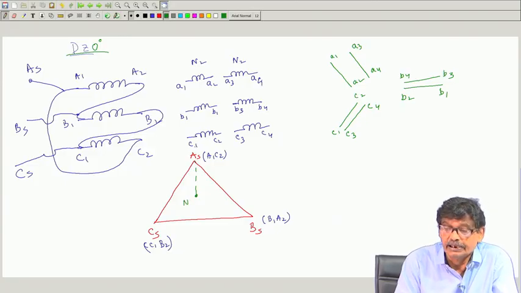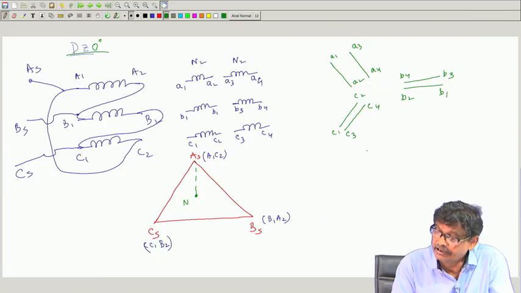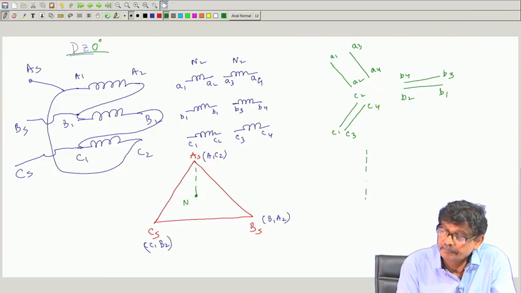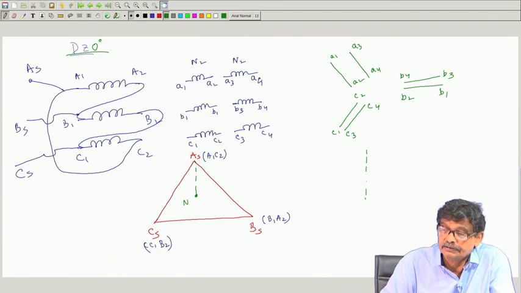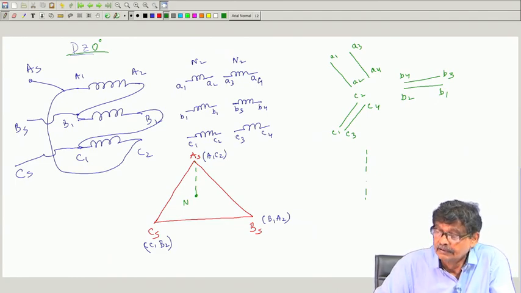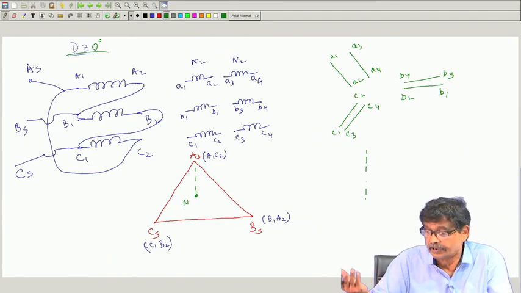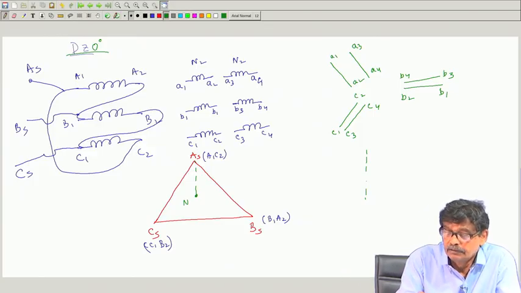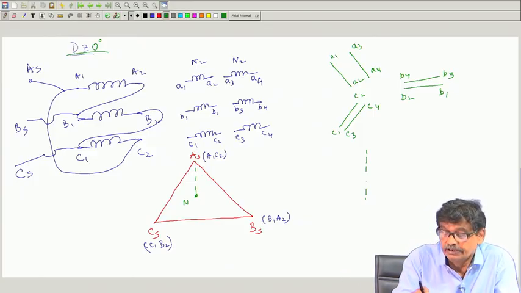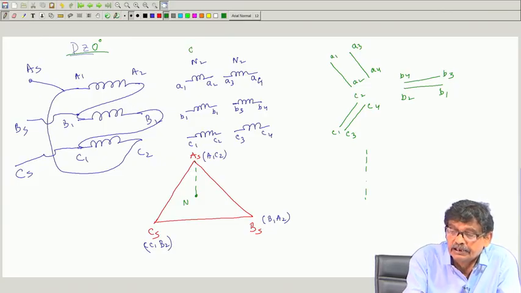The secondary side voltage will also be in phase with this, parallel to this phase voltage of the primary side, and zigzag connection means star connection. Two coils belonging to two different phases are to be connected in series. One should be taken from group 1, the other from group 2, the same rule.